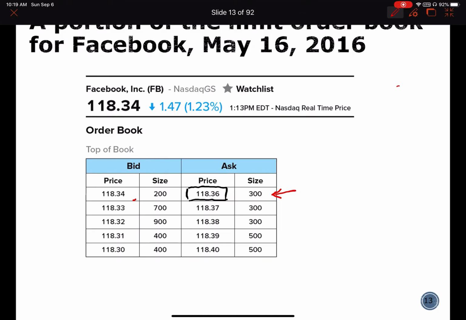However, you actually want to buy 500 shares. Now, what can you do? Well, you will buy deeper into this limit order book. You will move down. You will buy 200 shares at the second price.